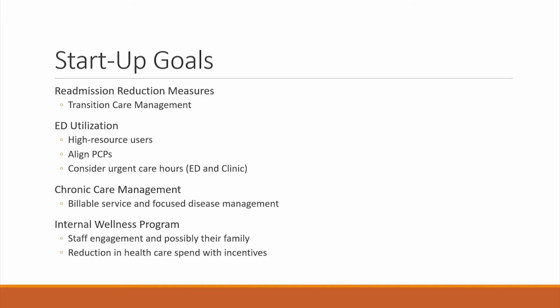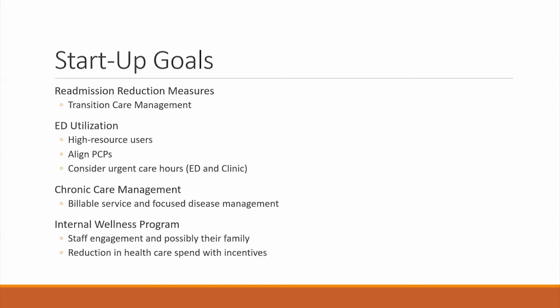Obviously, chronic care management, and if you haven't listened to the first of these series, I highly encourage you to go back and listen to the chronic care management and really being billable for services and focused disease management. And then starting to build those internal wellness programs. I cannot say enough about staff engagement in their own wellness, possibly even their families, in some wellness programs that we can build, that maybe our own insurance company would then assist us in reducing some of our premiums based on staff engagement in their own wellness.